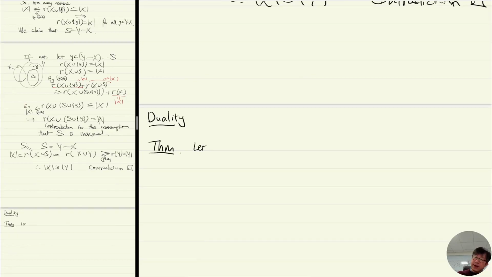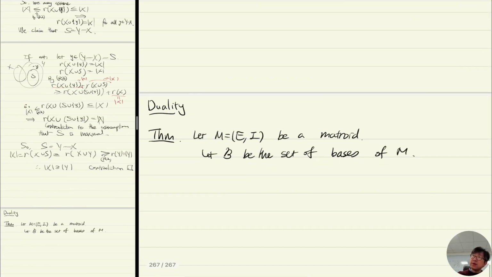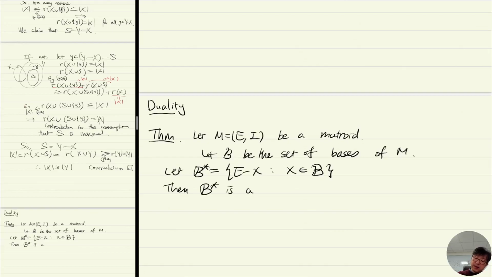Let M be a matroid and let B be the set of bases of M. Now, if we take B star as the set of complements of all the bases, then B star is the set of bases of some matroid.